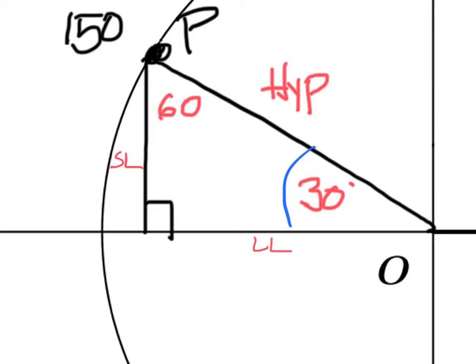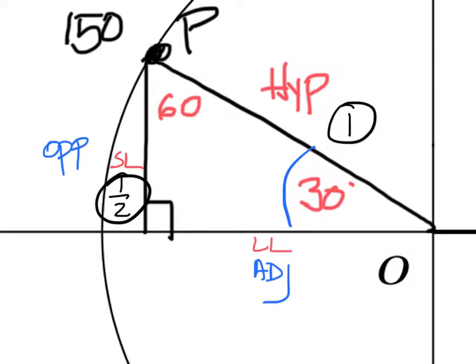You're dealing with this angle, so this is going to be opposite. This will be adjacent. And of course, that's still going to be the hypotenuse. Remember that the radius is 1. And we've already solved for the short leg before, which was 1/2. And the long leg is square root of 3 over 2.